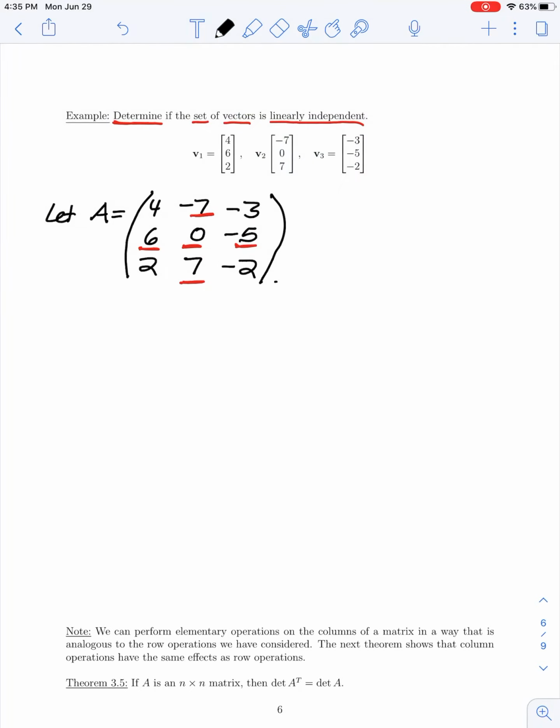So let's consider a cofactor expansion along, let's go with the second column.